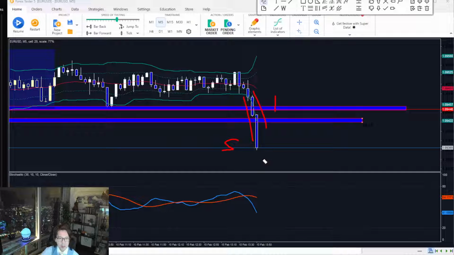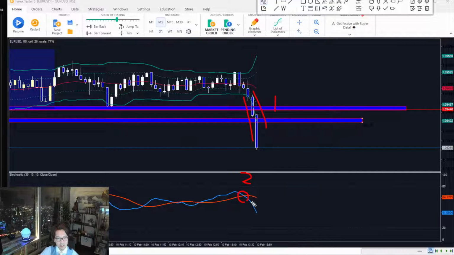Second entry confirmation is the dead cross on stochastic. Stochastic is showing dead cross, and that's my second logic, second trading edge, or second entry confirmation. Okay, so I look for one more. I always look for 3 entry confirmations at least.